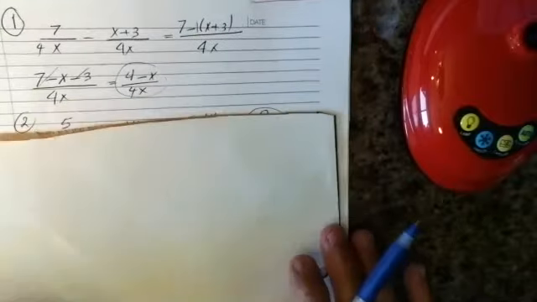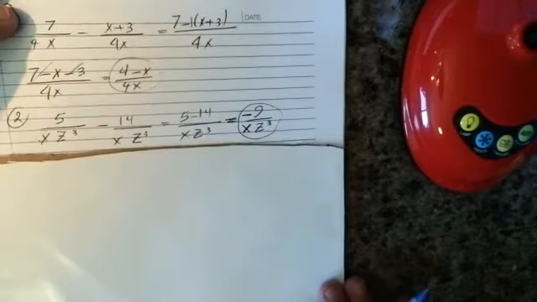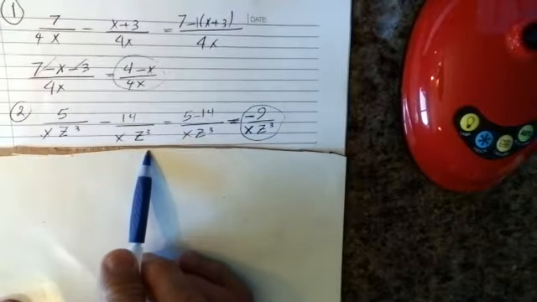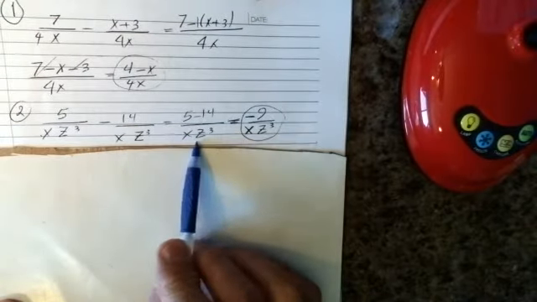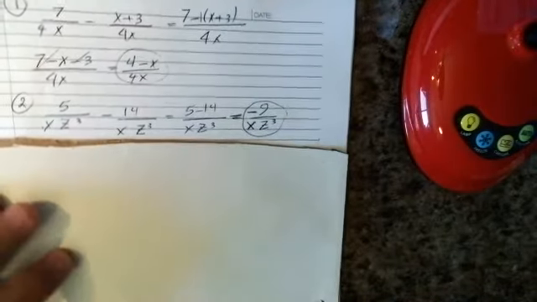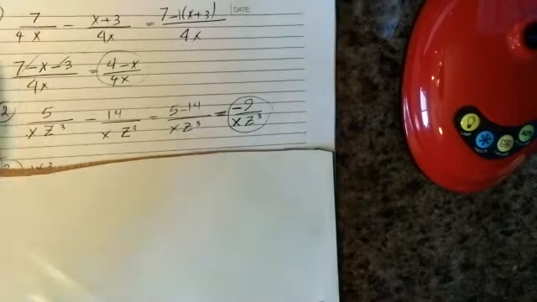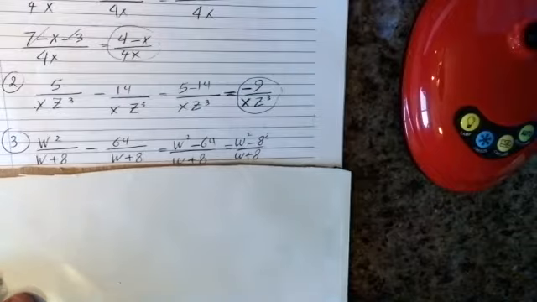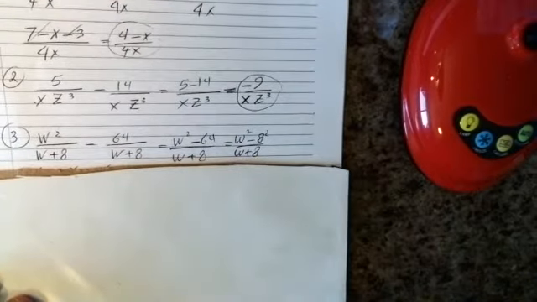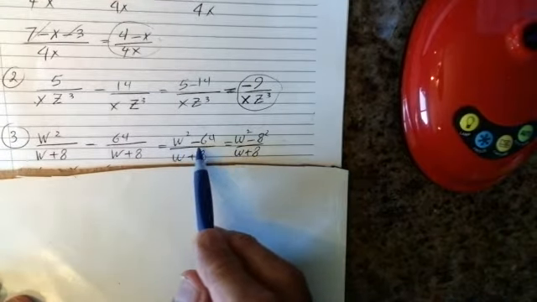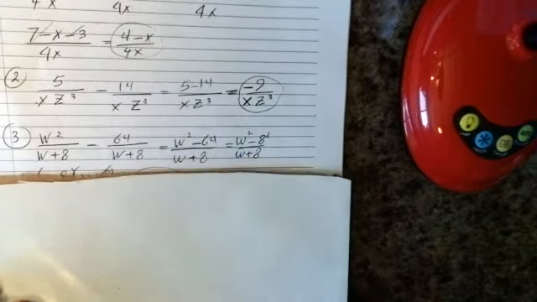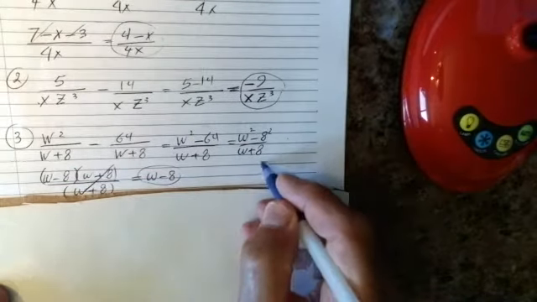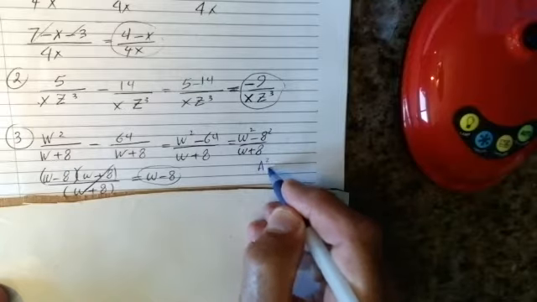And then the second problem, see, both have the same denominator, x plus 3, x plus 3. So you just write one denominator and you subtract the numerator. The same denominator. It's w squared minus 64. We are using the formula for factoring the difference of two perfect squares.